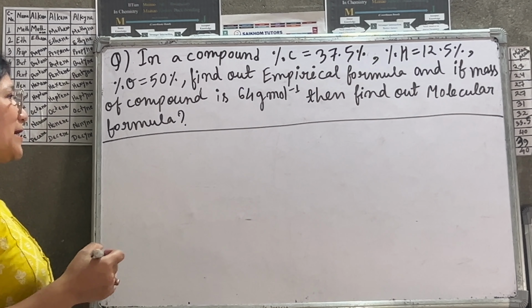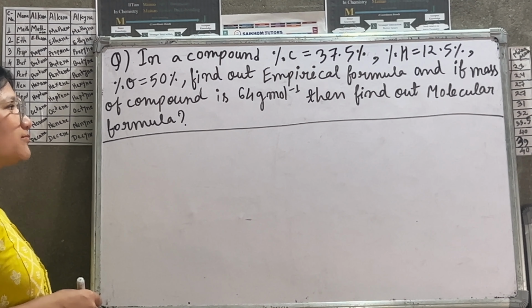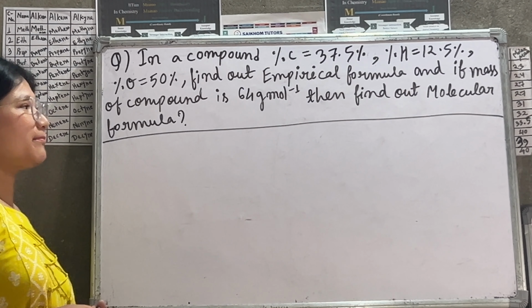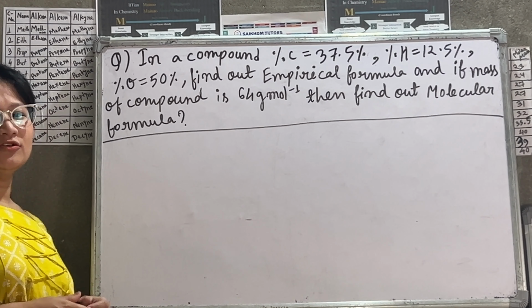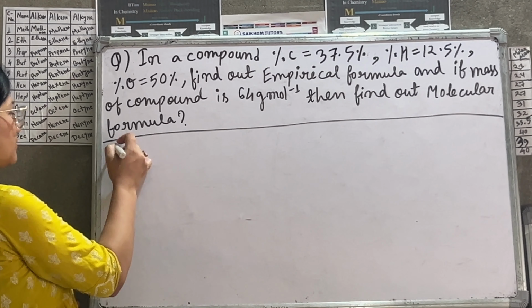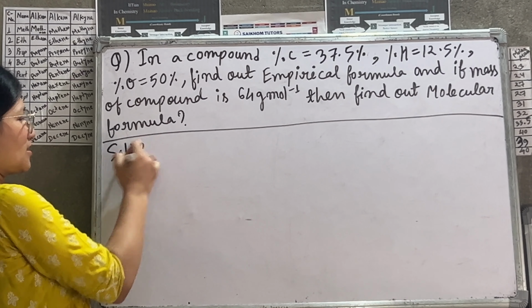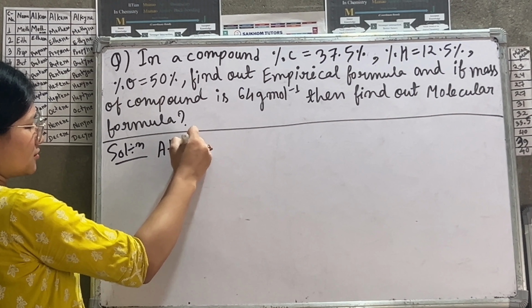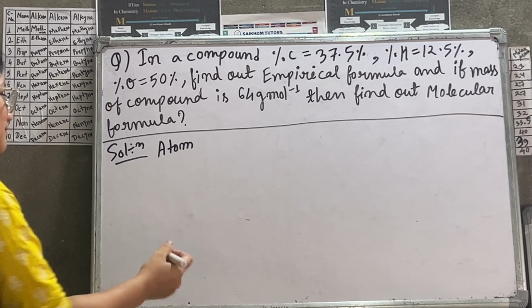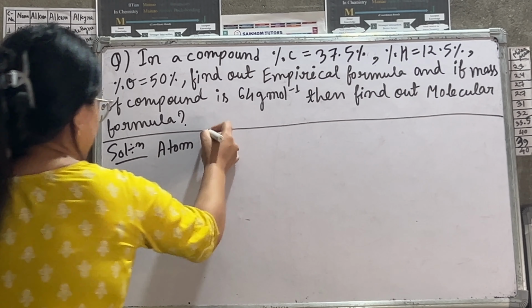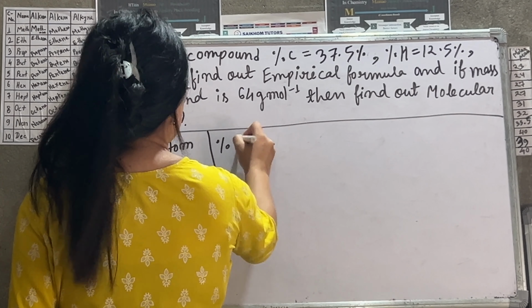Find the empirical formula, and if the mass of the compound is 64 gram per mole, find the molecular formula. How will you convert? First, the atoms mentioned in the question. And next, the percentage composition.